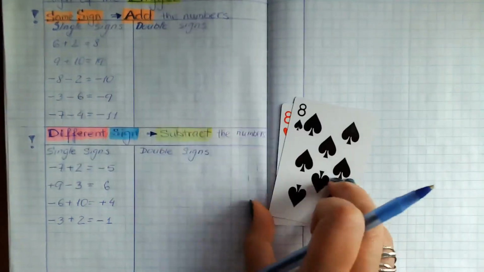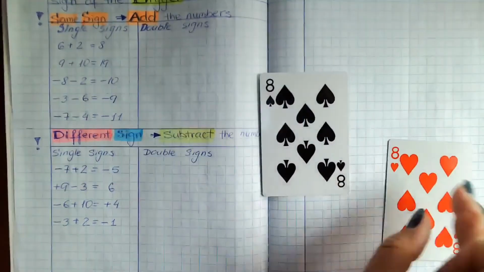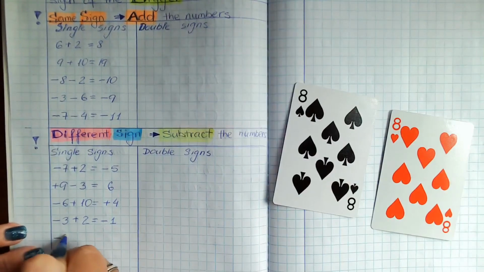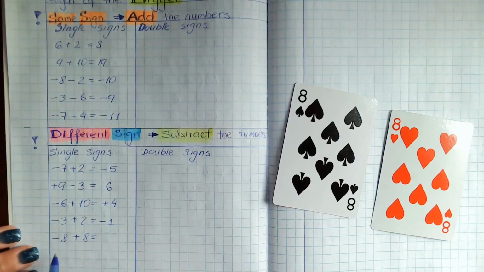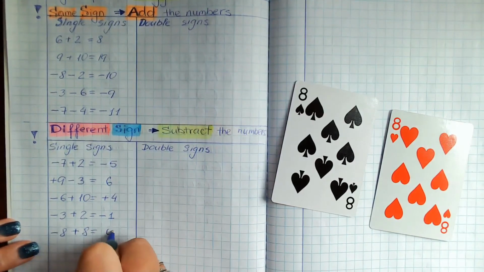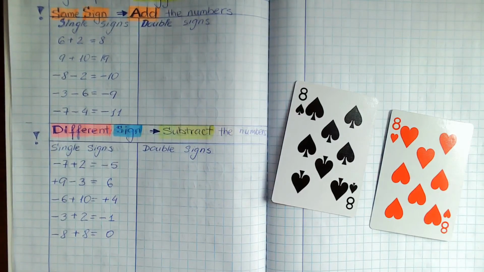Well, they cancel each other. The answer is 0. So you have a problem that looks like this. Negative 8 plus 8 cancel each other. The answer is 0. Different sign, subtract. 8 minus 8, 0.